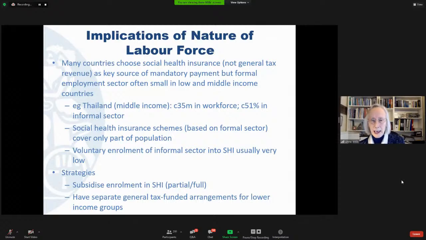And while they may have provision for voluntary enrolment of the informal sector, this is usually a small take-up. So what you see are strategies like subsidizing enrolment in the social health insurance scheme for the informal sector or for lower income groups, either partial or indeed full subsidy, or introducing separate tax-funded arrangements for lower income groups.